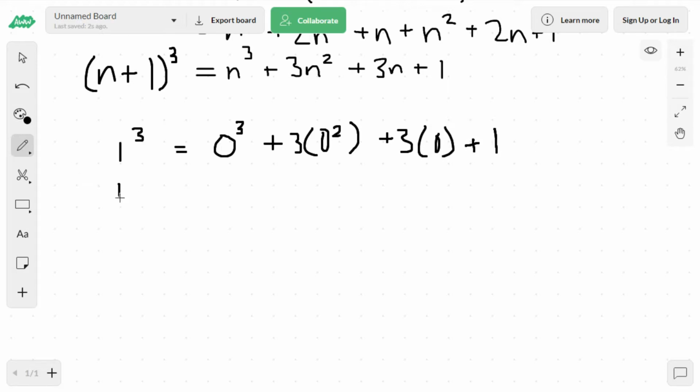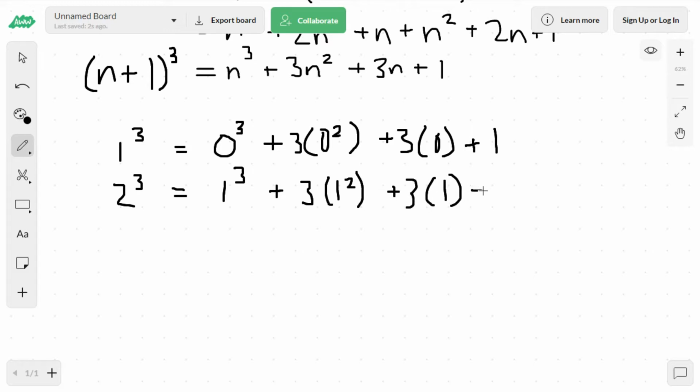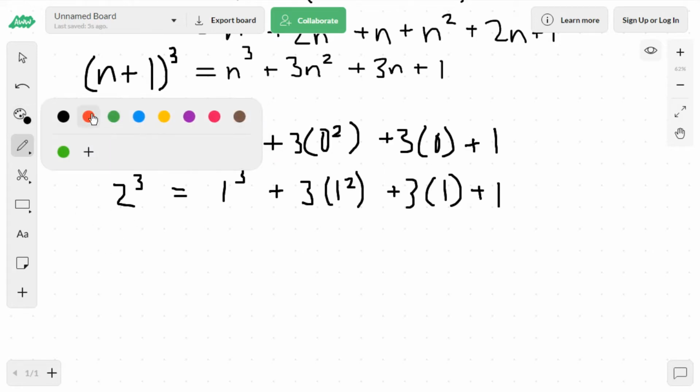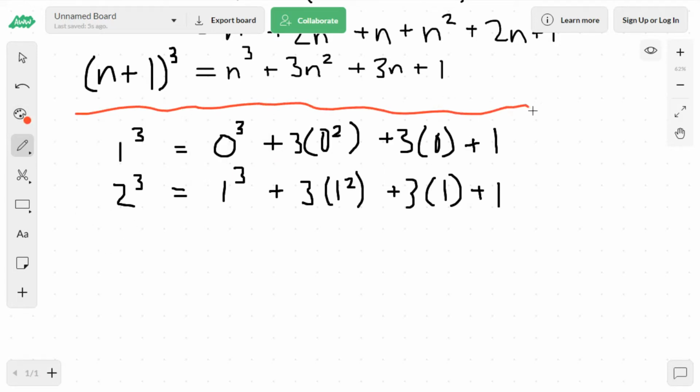Now let's look at 2 cubed. 2 cubed is the same as 1 plus 1 cubed, so n is 1 in this case. So we'd have 1 cubed plus 3 times 1 squared, which is still just 1, plus 3 times 1 plus 1. Oh, I meant to switch colors. Here, let's do a fun little dividing line there.